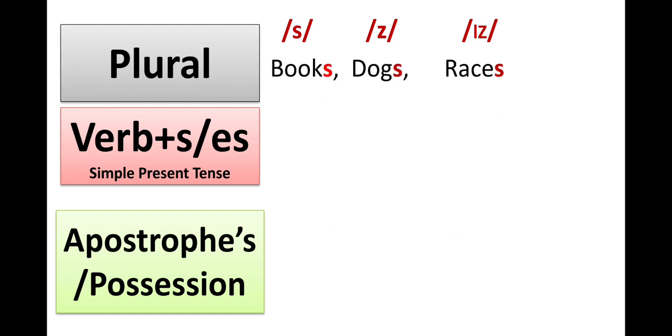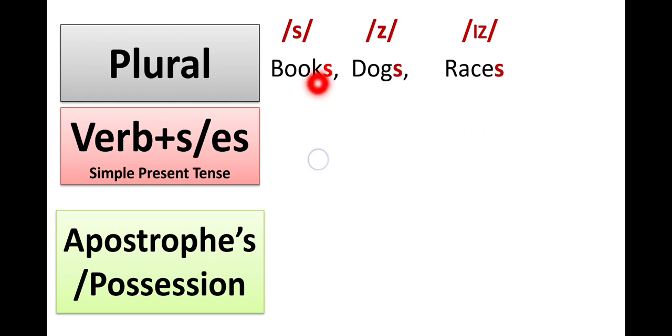In plural, here you see I have highlighted letter S with a red color. So you see number 1, 2 and 3, and you will have these sounds. Like in this example, books, letter S has s sound, books. But here in this word dogs, it has z sound. Here races, it has iz sound.